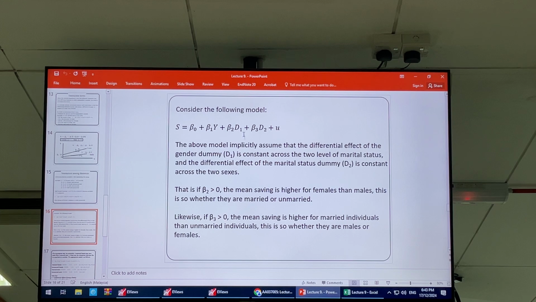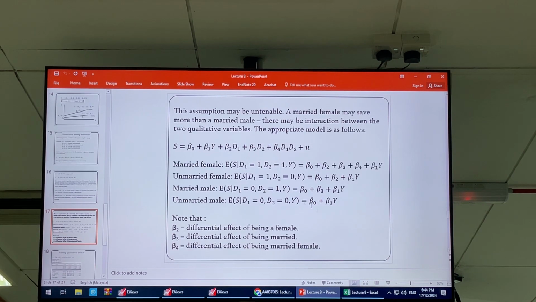That is, if beta 2 is greater than 0, positive, the mean saving is higher for female than male. This is so whether they are married or unmarried. Likewise, if beta 3 is positive, the mean saving is higher for married individuals than unmarried individuals. This is so whether they are male or female. So this assumption may be untenable.